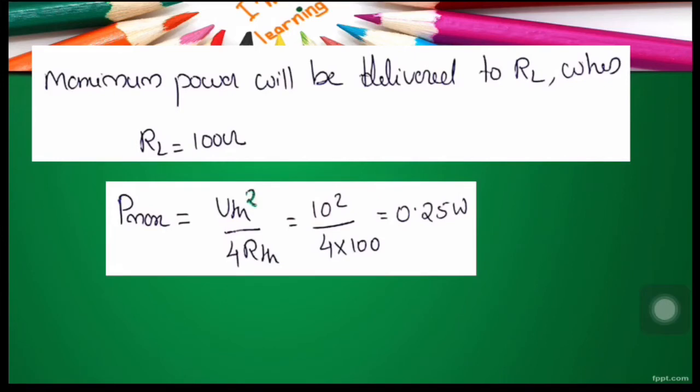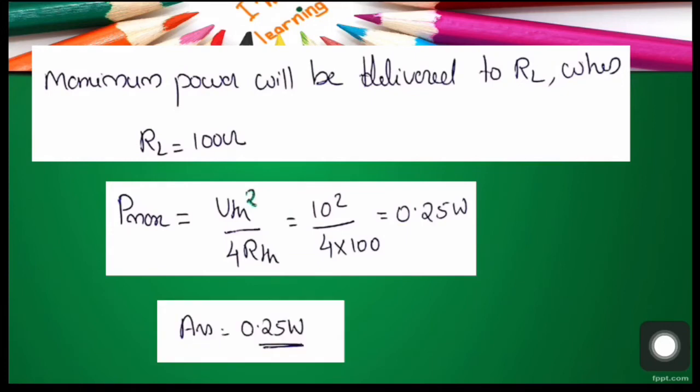By inspecting the network given in the question, it is clear that VTH is 10 and RTH is 100. Then by substituting these values, we get Pmax is equal to 0.25 watts. Clear? Thus our answer is 0.25 watts. Simple, isn't it?